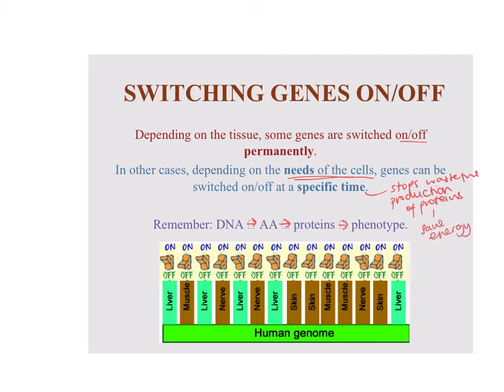And don't forget that DNA helps to make the amino acids, which come together to make proteins, and that gives us the phenotype. So when we're talking about switching genes on and off, we're really affecting all of the downstream processes as well, that amino acid production, proteins, and the phenotypic expression.